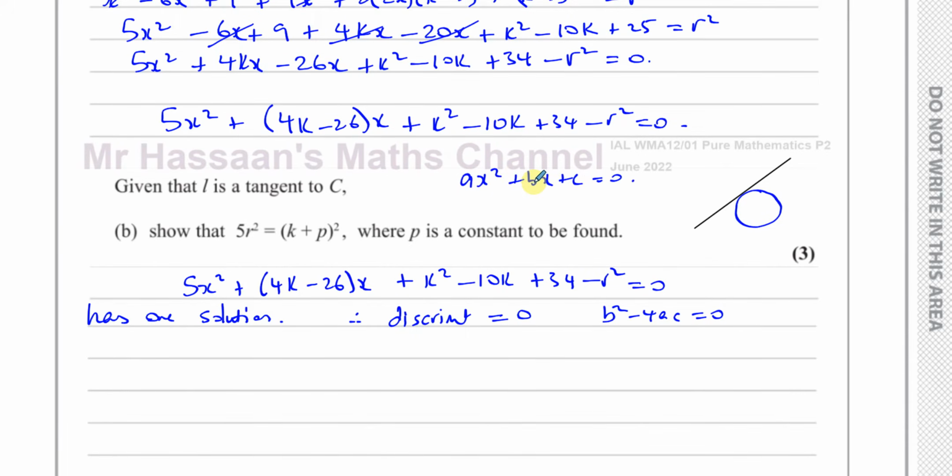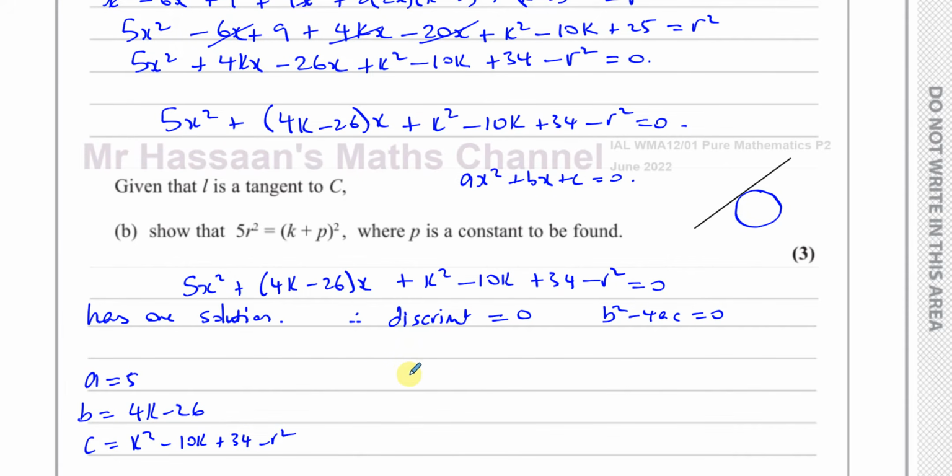This quadratic equation is formed when we try to find the intersection, and we can see that a is the coefficient of x squared, b is the coefficient of x, and c is the constant, which is all of these together. r is a constant, it's the radius, k is a constant, and so on. So we can say that a is equal to 5, and b is equal to 4k minus 26, and c is equal to all of that, k squared minus 10k plus 34 minus r squared.